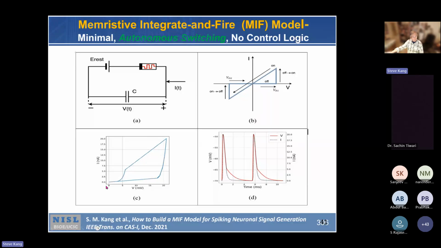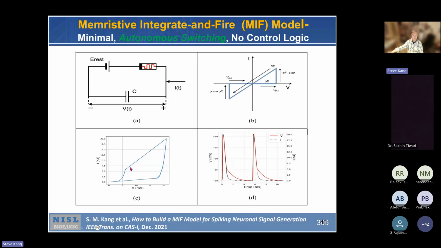So suppose you have an IV characteristic of this nature. It goes up, that's the off state, and once it exceeds the threshold voltage here, in millivolts, it jumps up and becomes the on state, R on, the low resistance state.